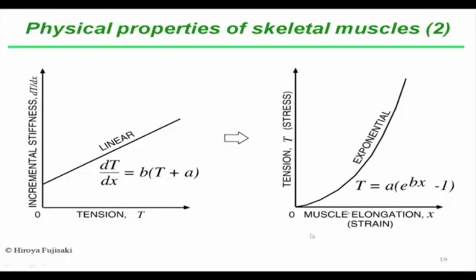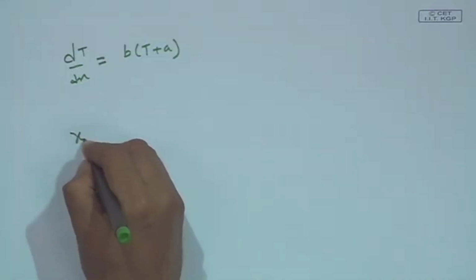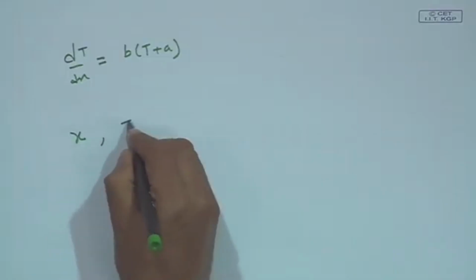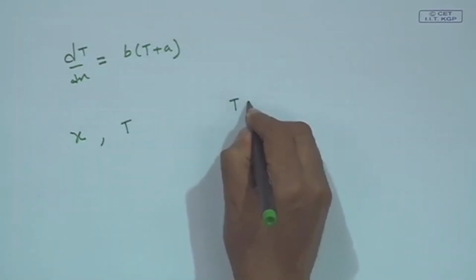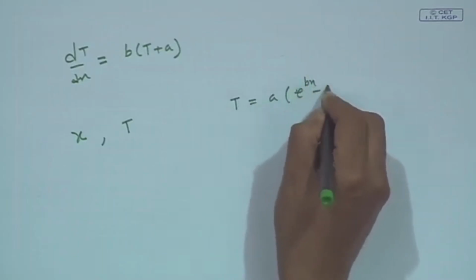Then muscle elongation and tension T. So, I can say how much the muscle has to be elongated to produce a certain required tension. So, that is the relationship. The elongation is x and tension is T, and the relationship is T is equal to a into e to the power bx minus 1.